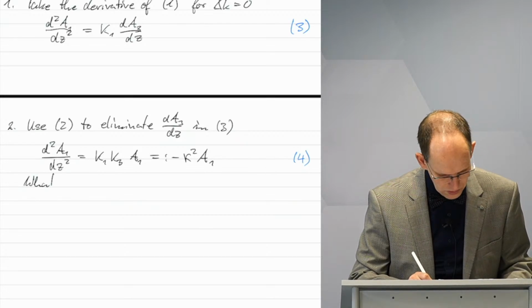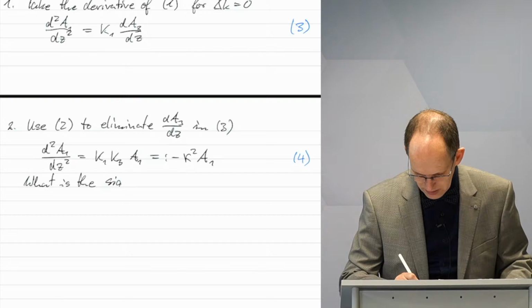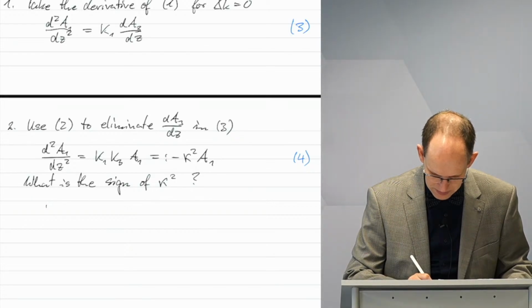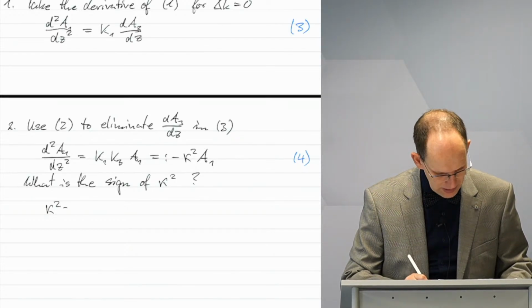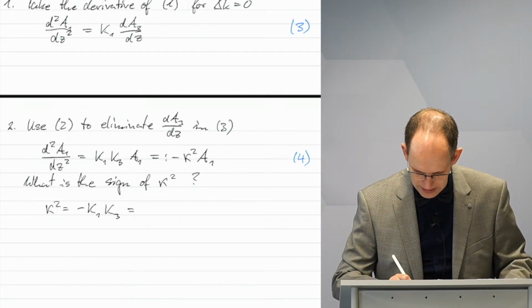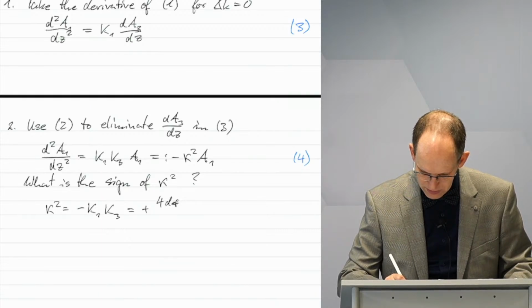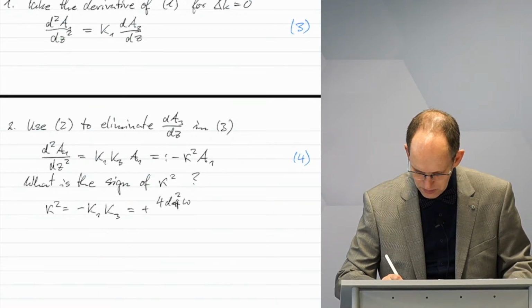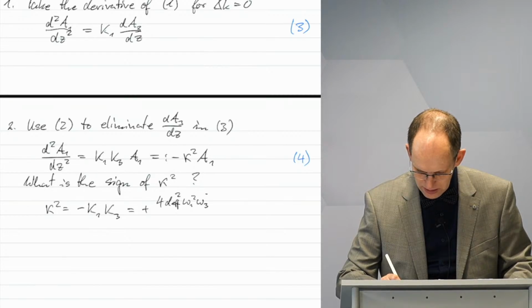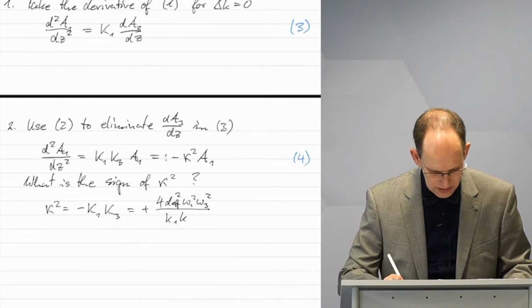So what is the sign of kappa squared? It's defined as minus K1 times K3, and therefore it's equal to plus 4 times the effective nonlinearity squared, omega 1 squared, omega 3 squared. All of that is, of course, positive, so this is not the point here.